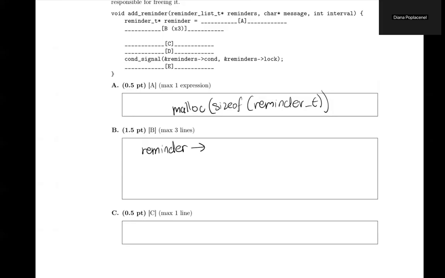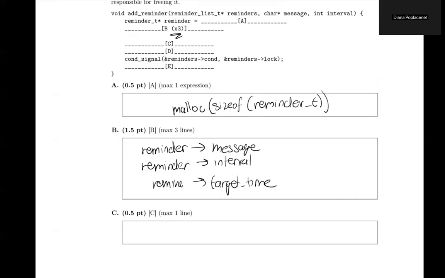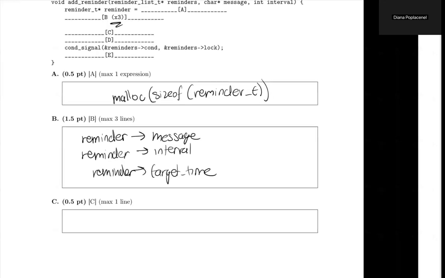We see here B is 3 lines, and there are 3 attributes of a reminder struct that we need to fill out. There's the message, the interval, and the target time. This is a lot of writing. Sorry, my handwriting is kind of a mess.